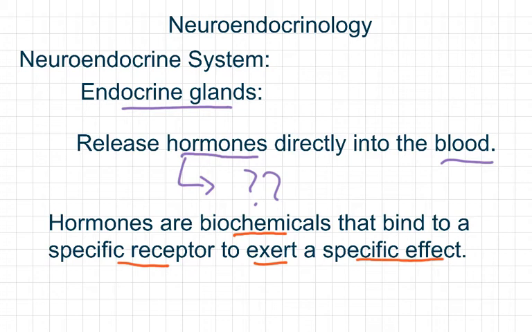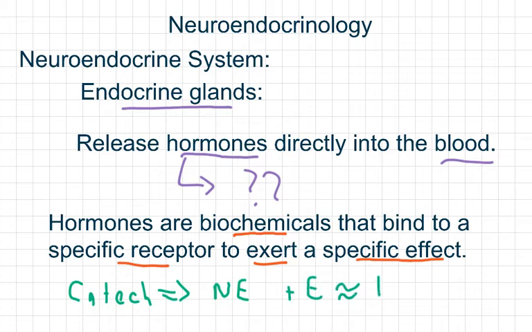Previously, we introduced the hormones catecholamines. These are, again, norepinephrine and epinephrine. Some of the effects that we discussed are increases in heart rate and increases in the breathing rate.